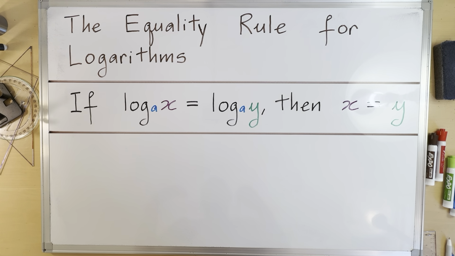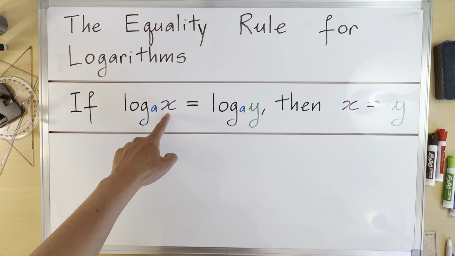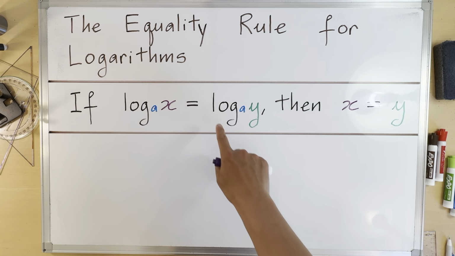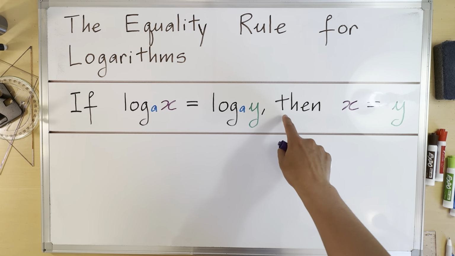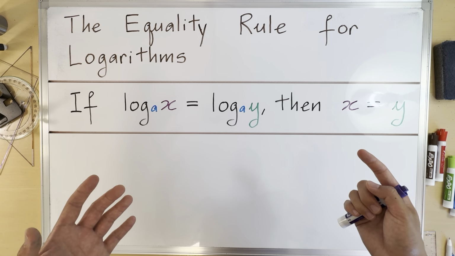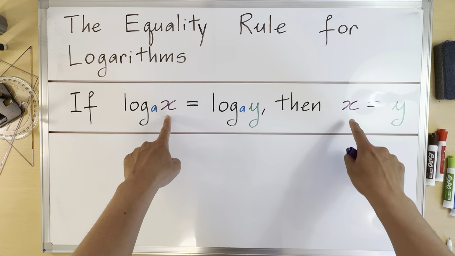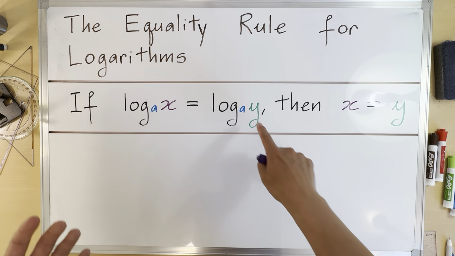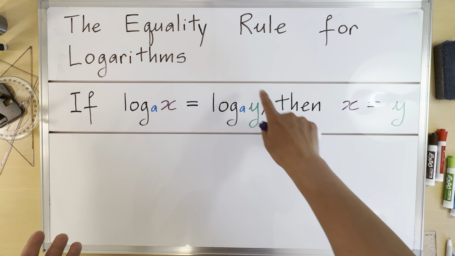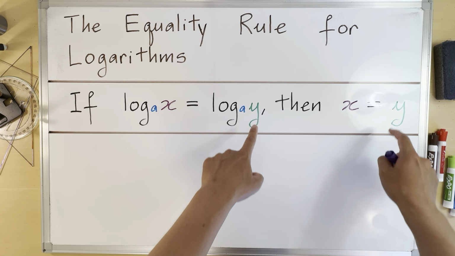The equality rule for logarithms states that if the log base a of x is equal to the log base a of y, then the argument of the logarithmic expression to the left side of the equation, which is x, would be exactly equal to the argument of the logarithmic expression to the right side of the equation, which is y.